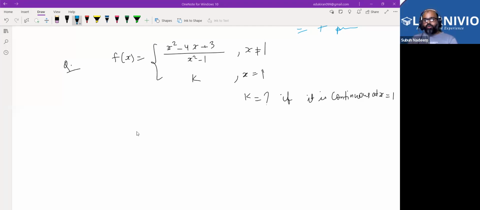It is becoming 0 by 0, right? When you put x is equal to 1, it will become 0 by 0. So now you can differentiate the numerator and denominator and then put the value.